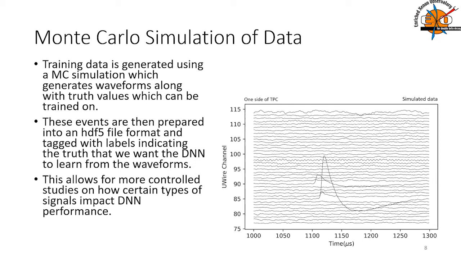So these simulated waveforms are a combination of what the simulation says the signal will be and what the noise should be from what we've already measured inside of the detector. Because we're using this Monte Carlo simulation, it allows for very controlled studies on what types of signals impact the performance of the DNN.